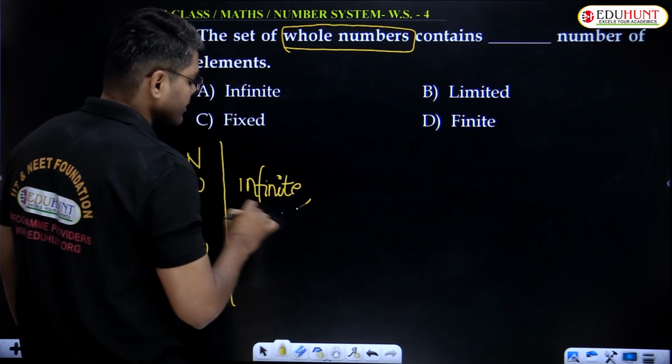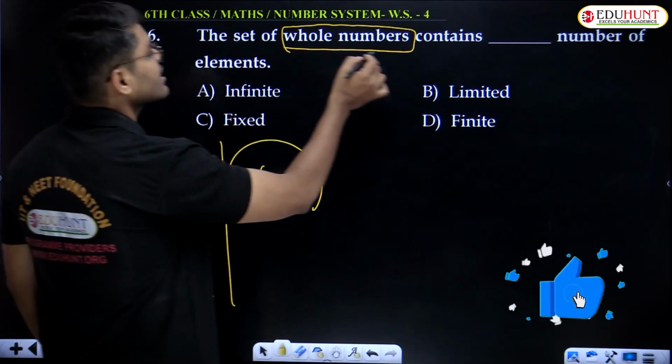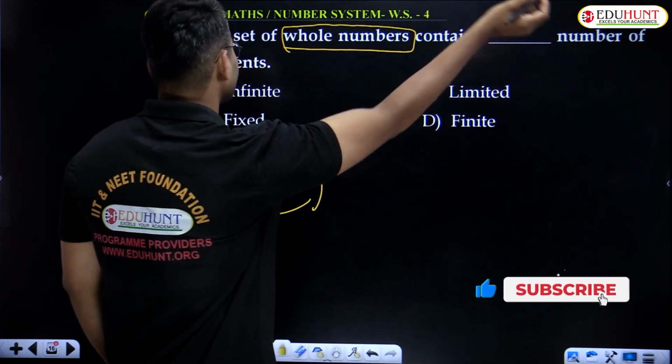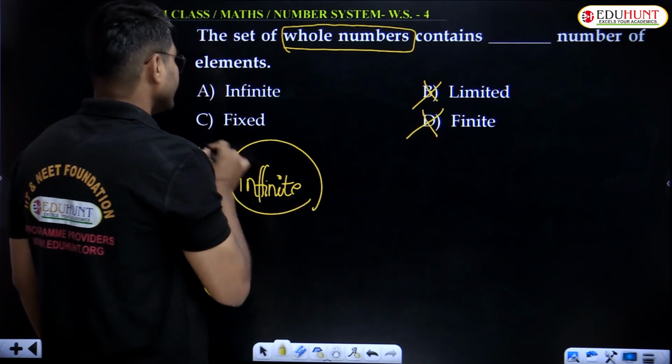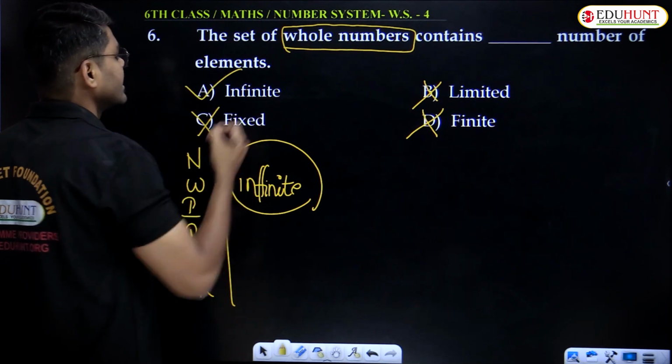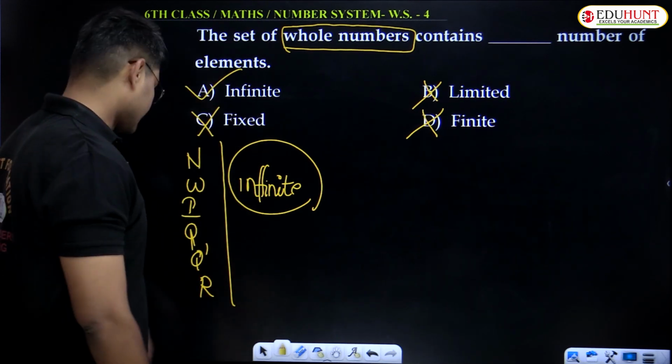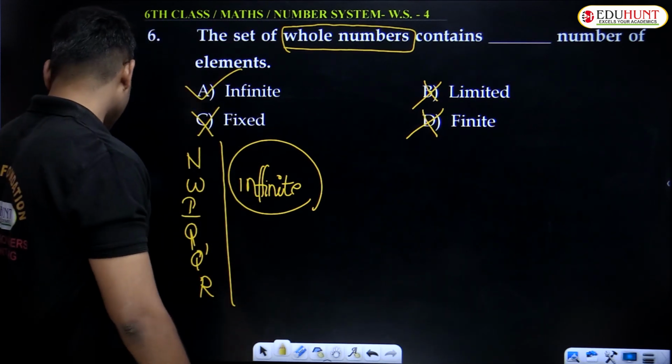All are infinite. So here the set of whole numbers contains dash number of elements. Limited elements? No. Finite elements? No. Fixed elements? No. Infinite elements it has. Okay. Let's move on to the next one.